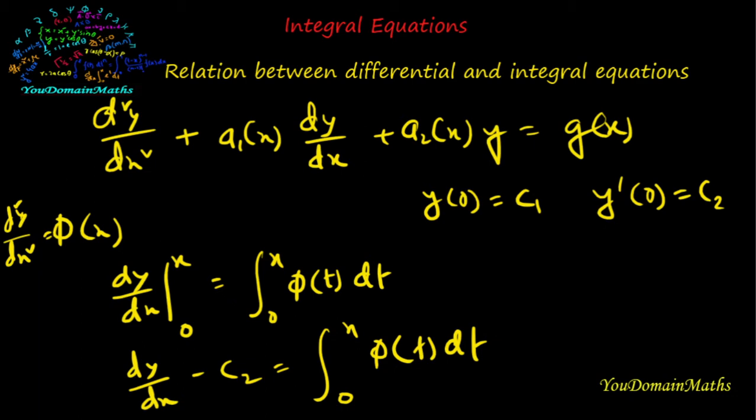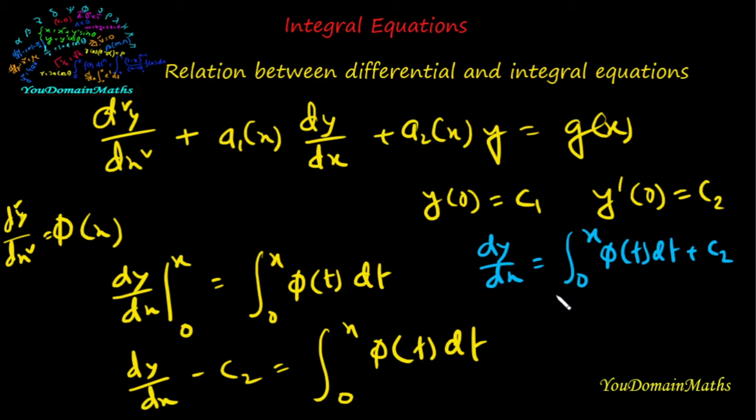If we write this clearly, then this answer would be written as dy by dx equal to the integral from 0 to x of phi of t dt plus c2.